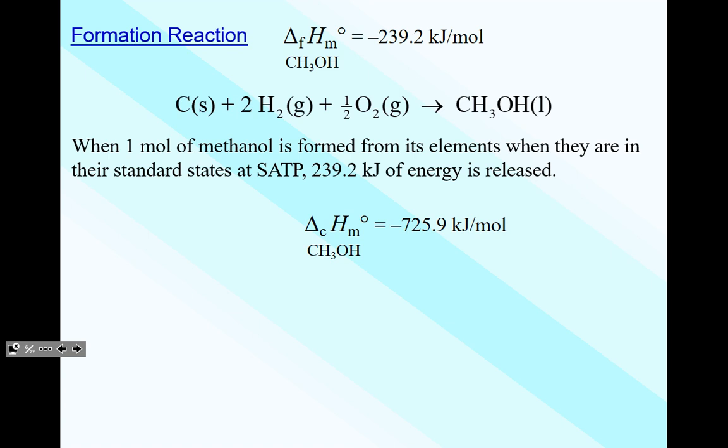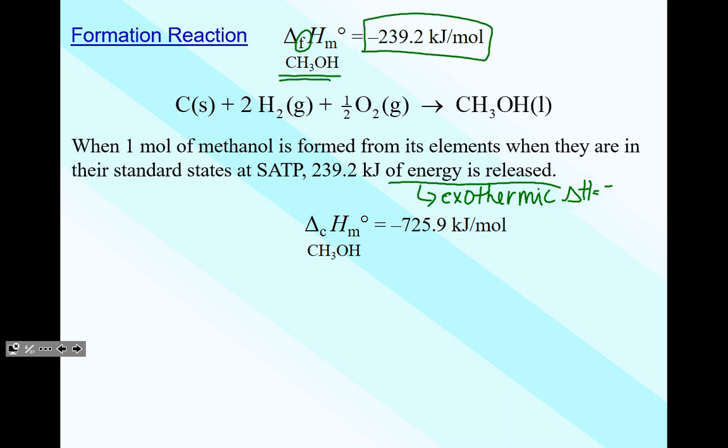So how do we communicate that? Well, here we have formation, and we have our substance. We know that energy is released, which means it's an exothermic reaction, which means your delta H is negative, and that's why the negative sign is here.